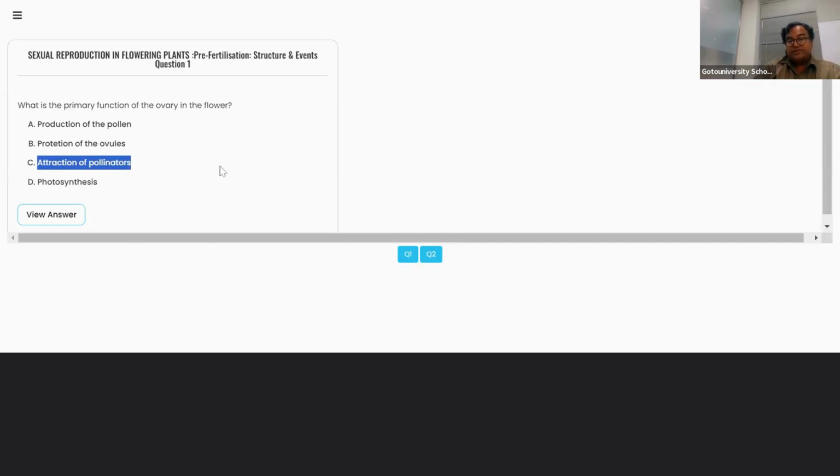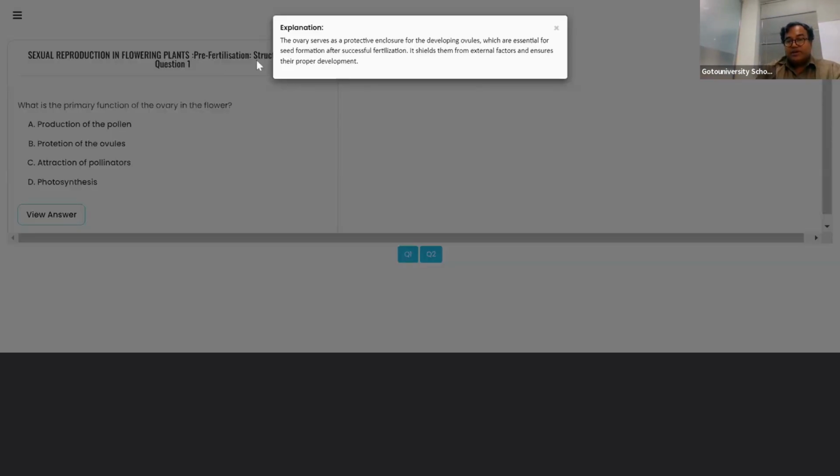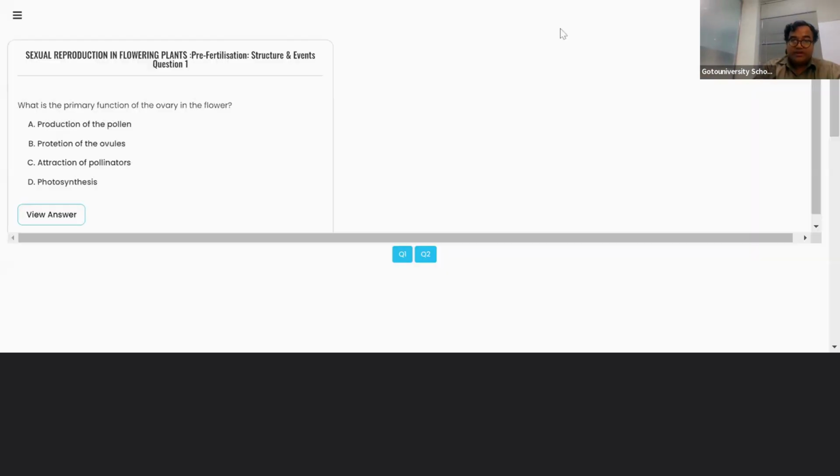If you're talking about the part which is essential for successful fertilization, here you need to understand the protective enclosure of the developing ovule. So you are saying the protective enclosure for the developing ovule, which is essential for seed formation, okay.